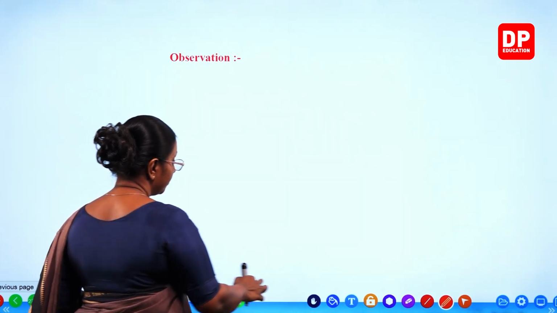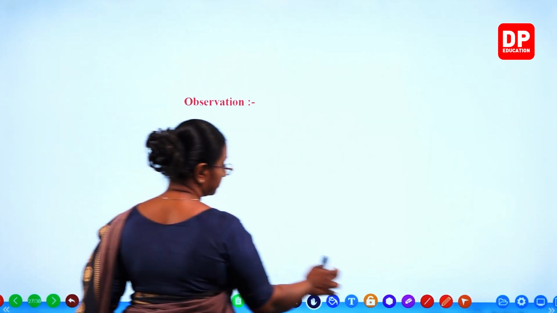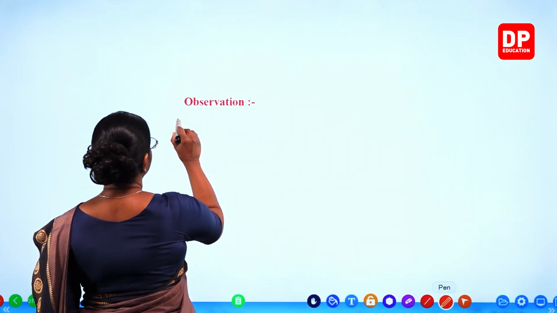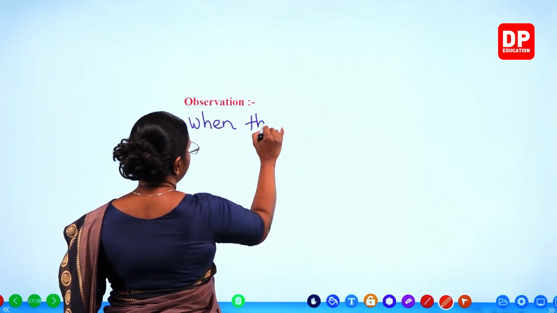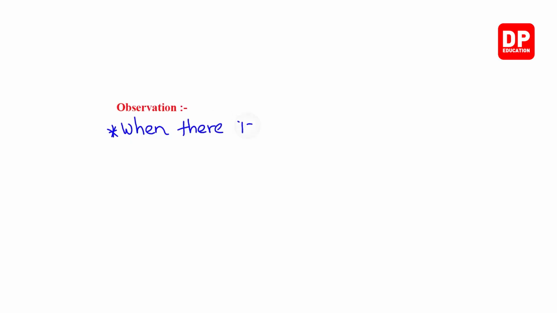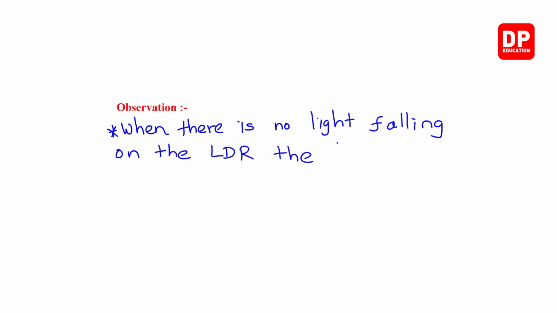So if we write down the observation, when there is no light falling on the LDR, the bulb lights.